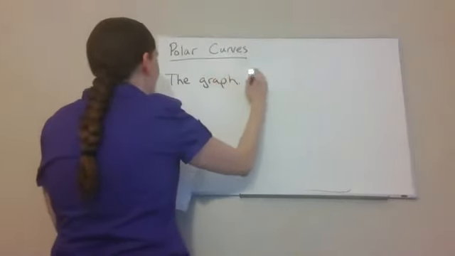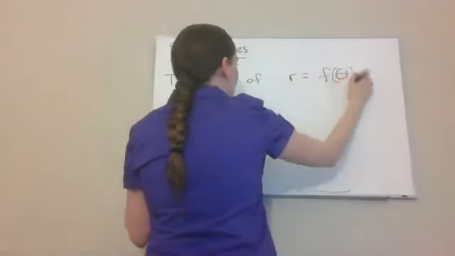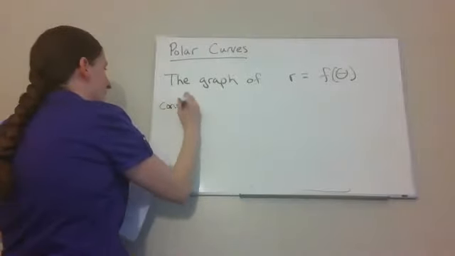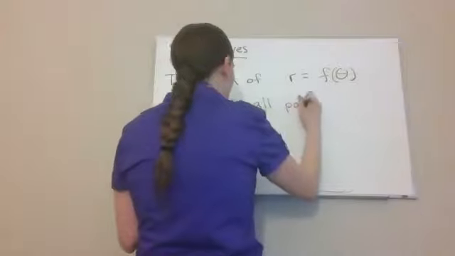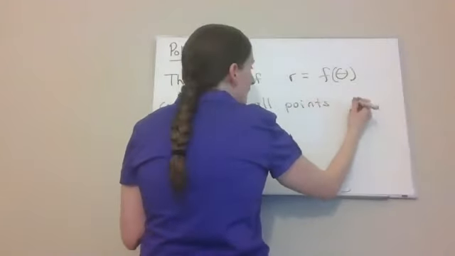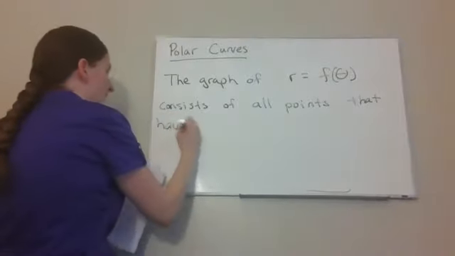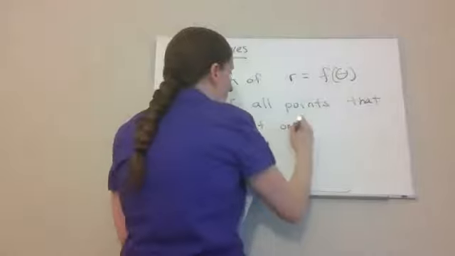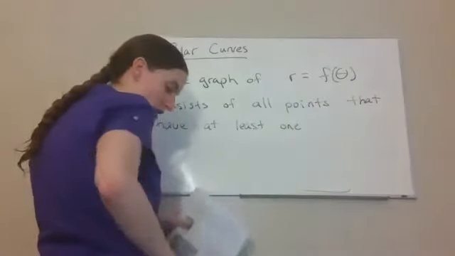So the graph of r equals some f of theta consists of all points that have at least one polar representation that satisfies the equation.